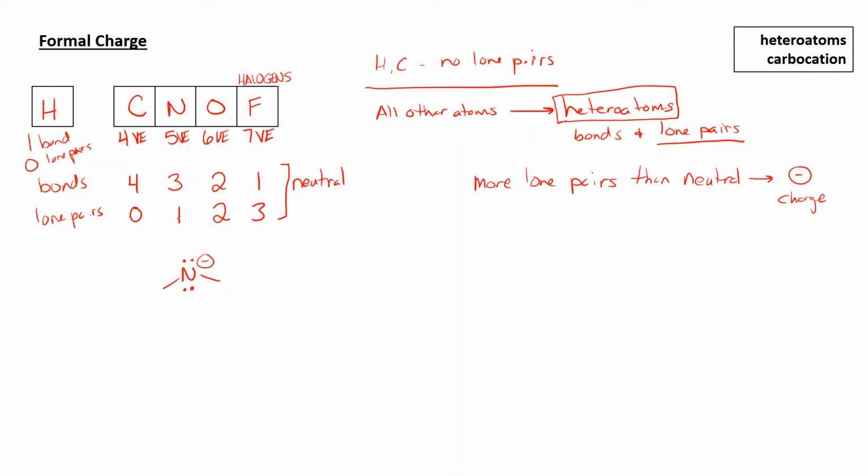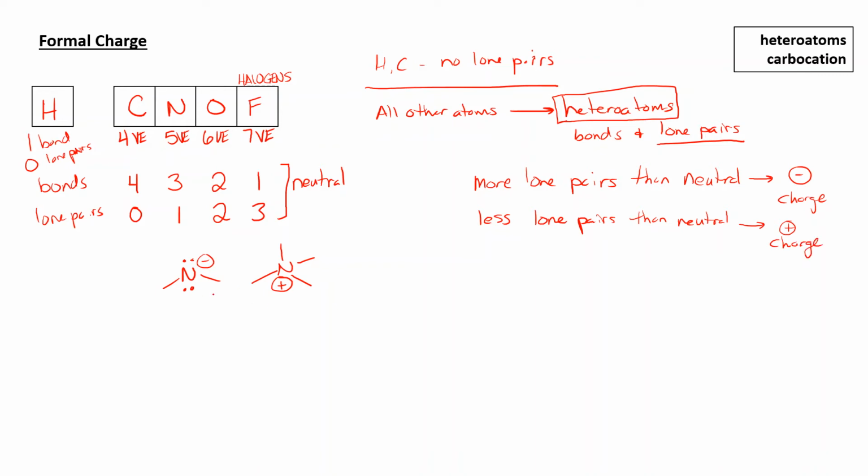I notice that that's 1 more lone pair than neutral nitrogen usually has. That makes this a negative nitrogen. And you can imagine if you go the other way, if you have a nitrogen with 4 bonds and no lone pairs, that will go the other way, and then the nitrogen will be positively charged. So less lone pairs than neutral, just a positive charge.